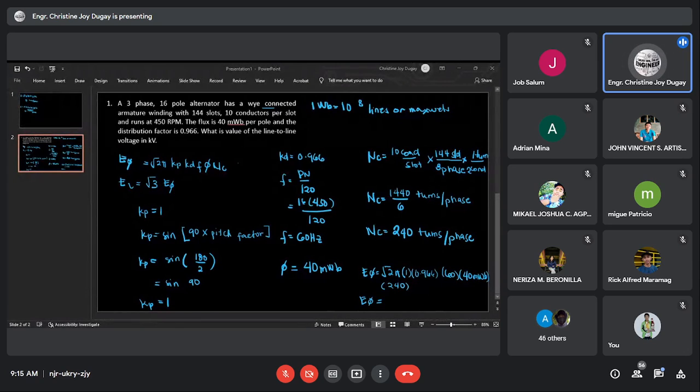Ayan, sabi ni Cyril, 2,474. How about the others? Nakakasunod po ba? Pakisabi lang pag hindi po nasundan. Same po ba kayo lahat? 2,472.